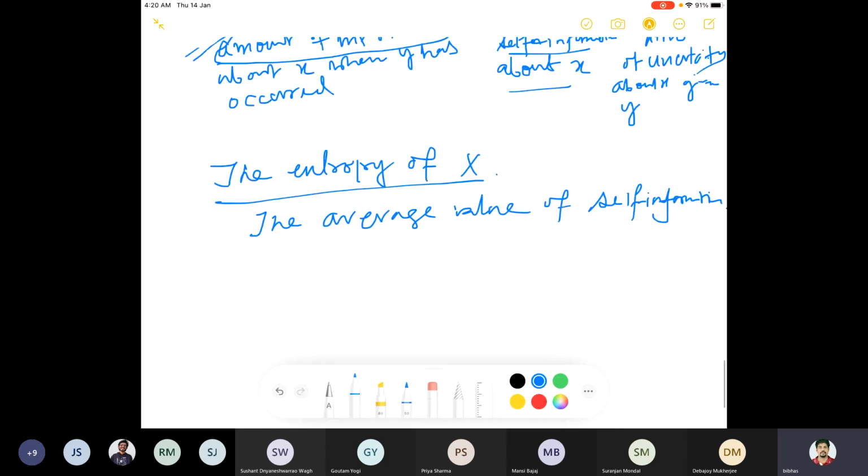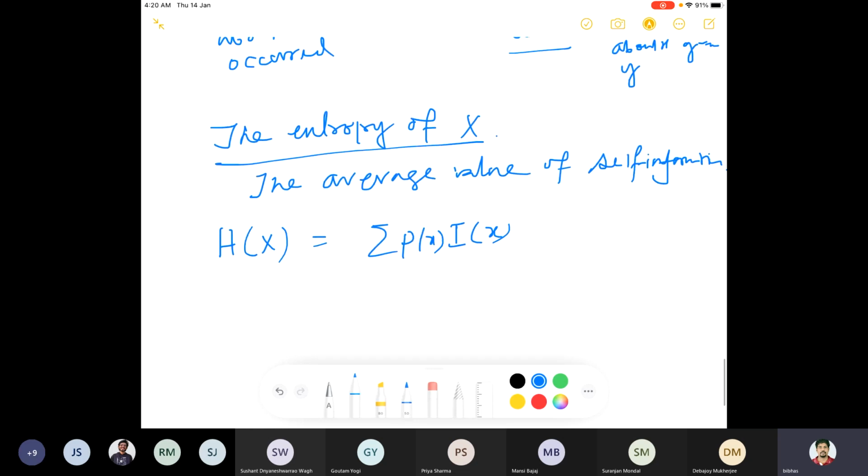Conventionally it is denoted as H. H(X) is the sum of the self information I(x) weighted with the probability of x, over all x.